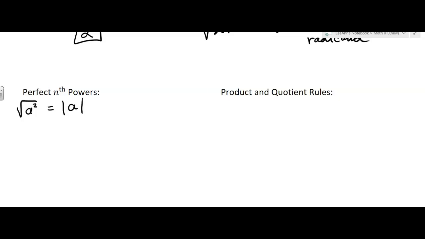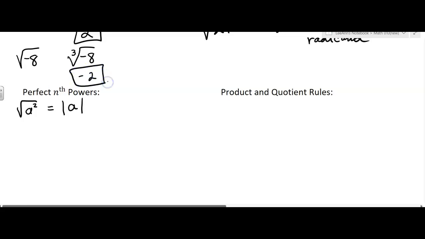So like a cubed root, remember we said, oh, you can't take the square root of a negative number, like you can't take the square root of negative 8, but you can take the cubed root of negative 8. There is a negative number that you could multiply 3 times and get negative 8. It's negative 2, because negative 2 times negative 2 times negative 2 is negative 8.